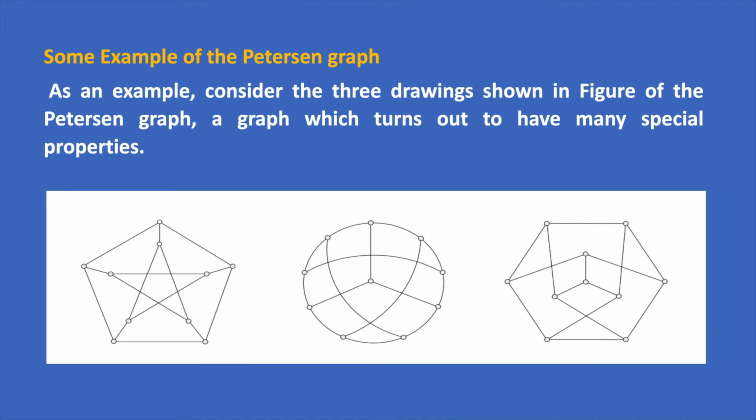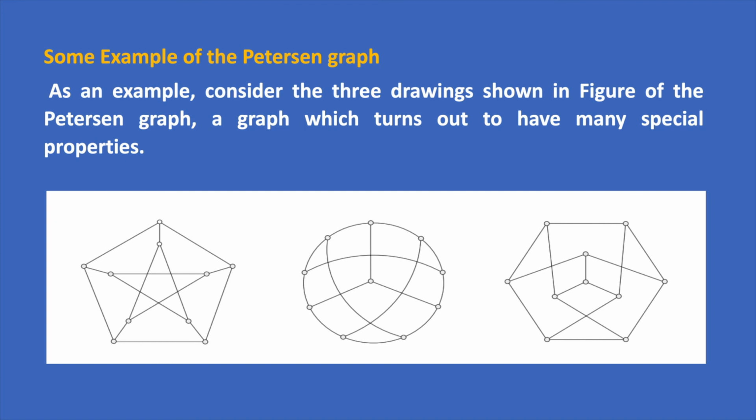The third drawing exhibits 6 similar vertices under reflective or rotational symmetry, namely the vertices of the outer hexagon. Combining these two observations, we conclude that all 10 vertices of the Petersen graph are similar, and thus the graph is vertex transitive. These are 3 drawings of the Petersen graph.